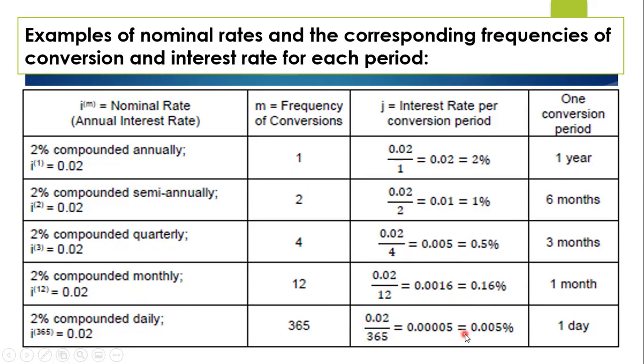That will be equal to 0.00005, equals 0.005%. Okay, so yun lang po ang tatandaan kapag semi-annually 2 yung M, kapag quarterly 4, pag monthly 12, pag daily 365. Pag annually, lagi pong 1.